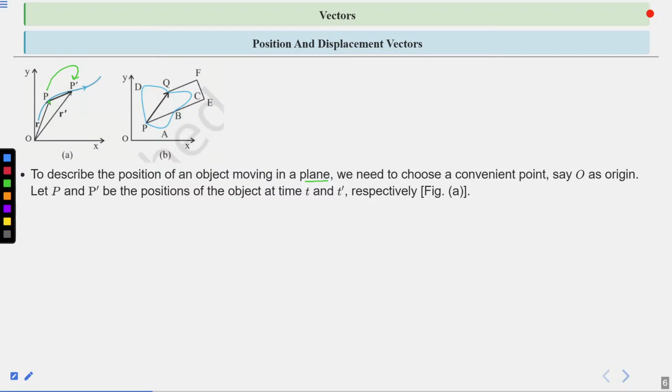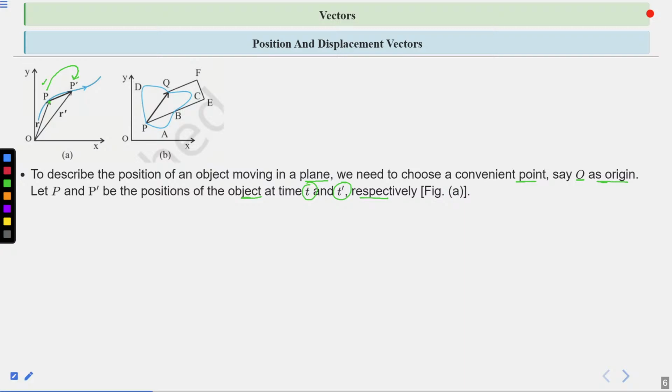Listen carefully, this is very important. We need to choose a convenient point, say O, as the origin. So P and P prime are the positions of the object at times t and t prime respectively. So at time t, the position of the object is P, and at time t prime, the position is P prime.